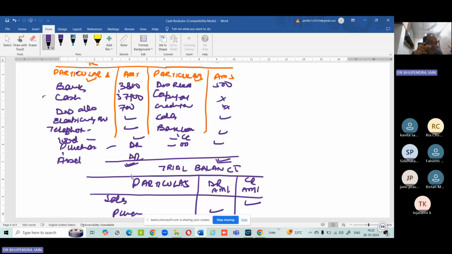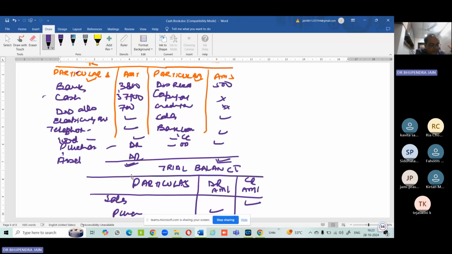So whenever you make the total, you may make a mistake in calculating the total figure. So different types of omission and different types of mistakes may be possible at the time of preparation of the trial balance. Clear?